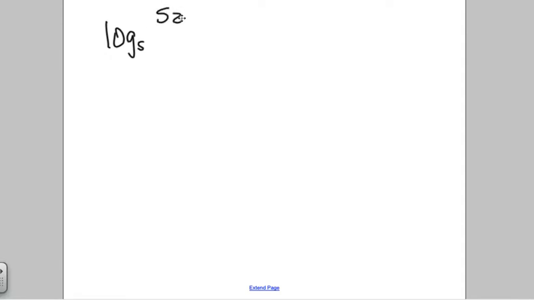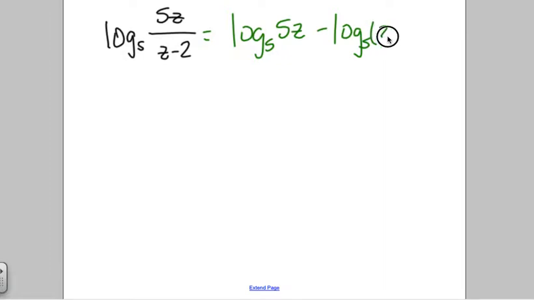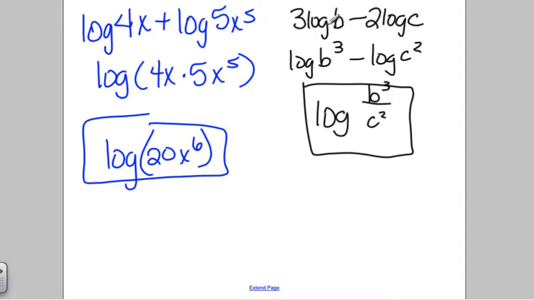Okay, if I have something where I want to expand, if I have log base 5 of 5z over z minus 2, notice I'm dividing here, so I would separate by subtraction, so log base 5 of 5z minus log base 5 of z minus 2. Now, I'm subtracting inside the log. Notice before I was subtracting two different log terms.